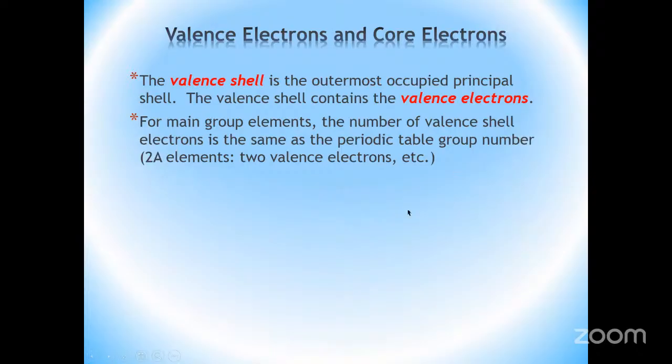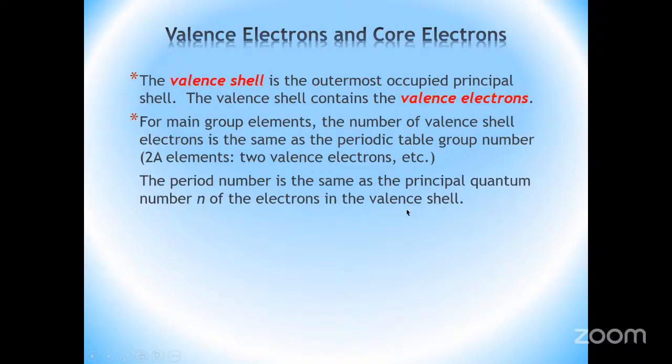Now, when it comes to the transition elements, things are a bit more confusing. We don't see that exact correlation between the group number of the elements in the transition region of the periodic table and the group numbers. The period number is the same as the principal quantum number of the valence shell.